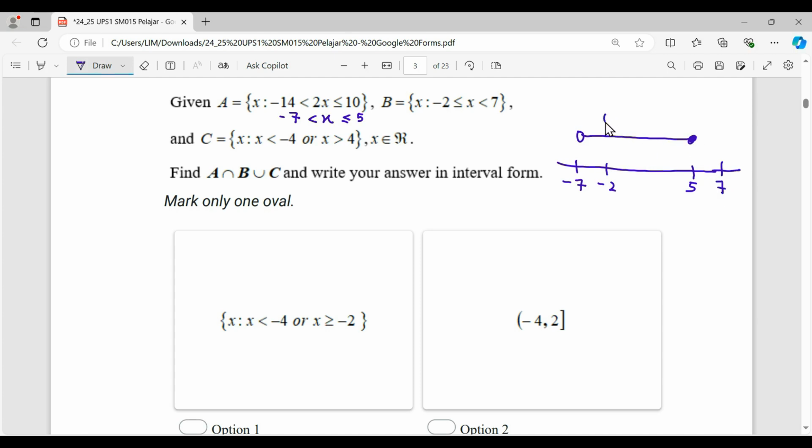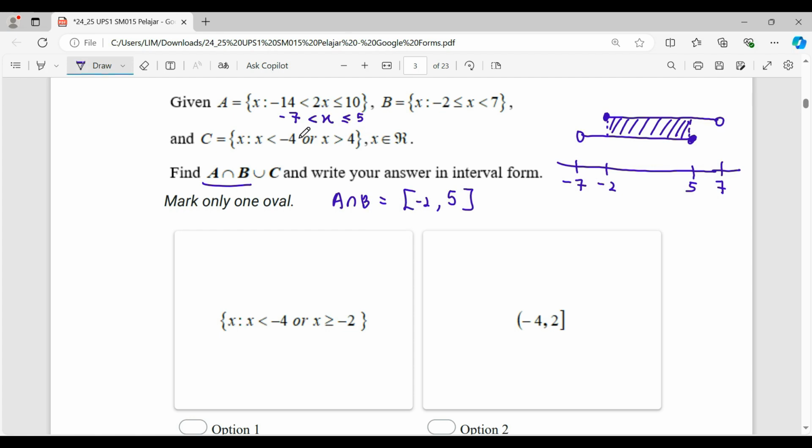Negative 2 is included, 7 is not included. We find the intersection first. The intersection is the overlap of these two number lines. So A intersect B gives negative 2 included, 5 included.